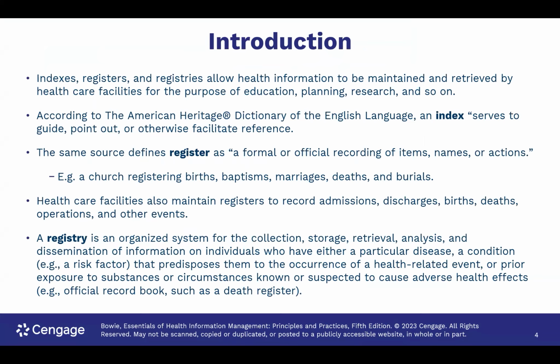According to the American Heritage Dictionary, an index serves to guide, point out, or otherwise facilitate reference. The same source defines register as a formal or official recording of items, names, and actions, like a church registering births, baptisms, burials, and so on.